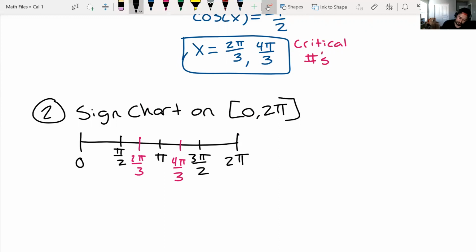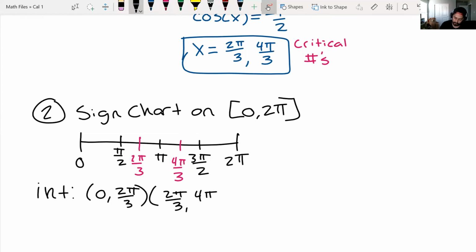So this means that my intervals are going to be from 0 to 2 pi over 3, 2 pi over 3 to 4 pi over 3, and then 4 pi over 3 to 2 pi.